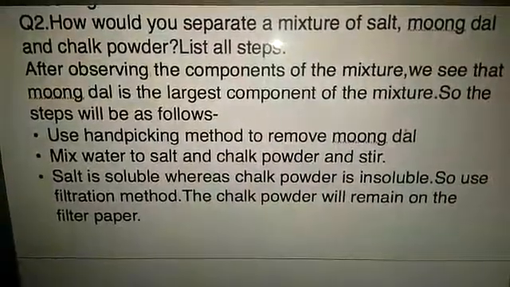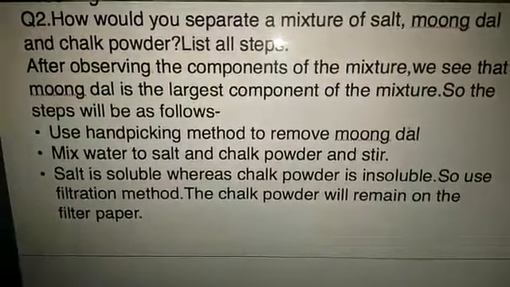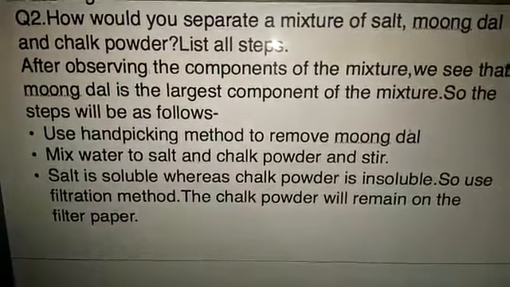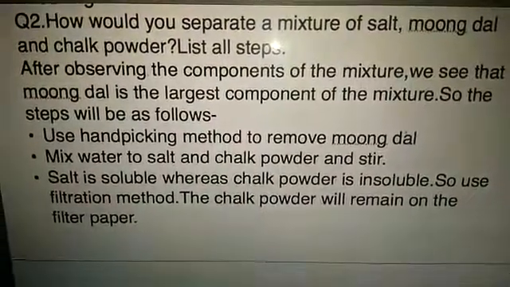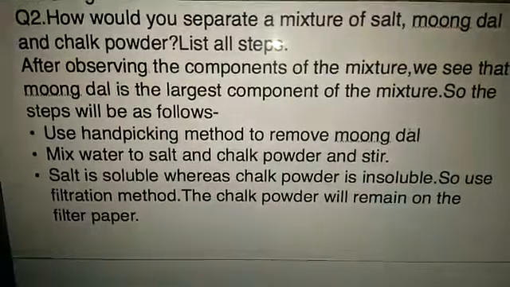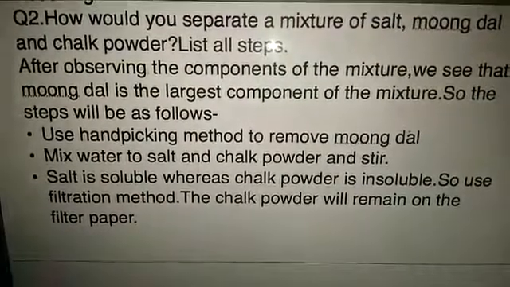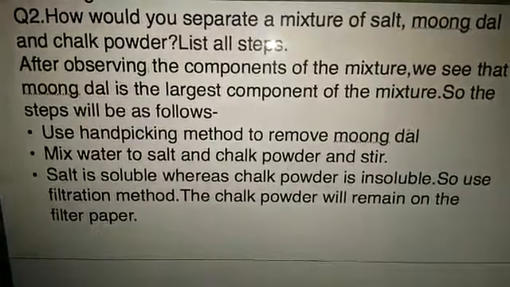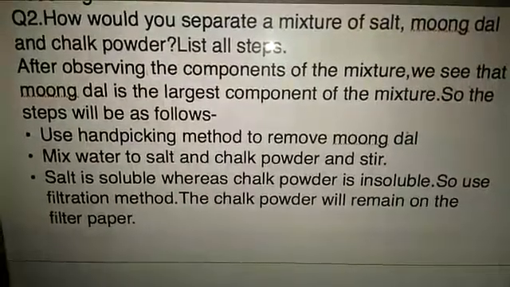How would you separate a mixture of salt, moong dal and chalk powder? List all steps. After observing the components of the mixture, we see that moong dal is the largest component of the mixture. So the steps will be as follows. First point, use hand picking method to remove moong dal.